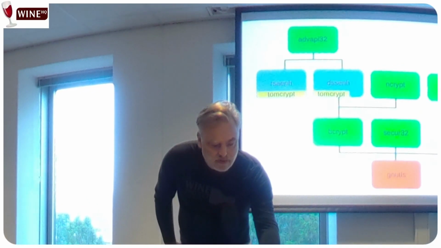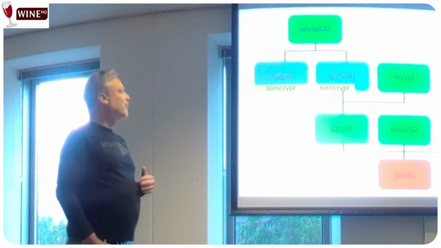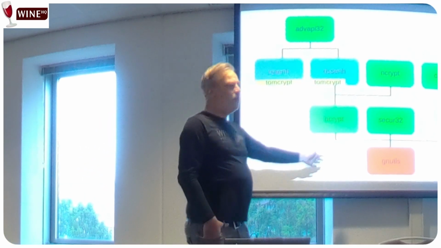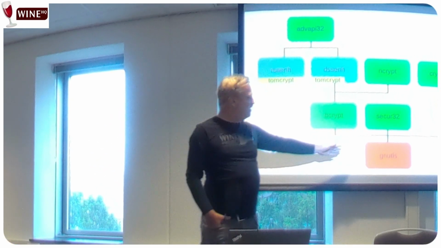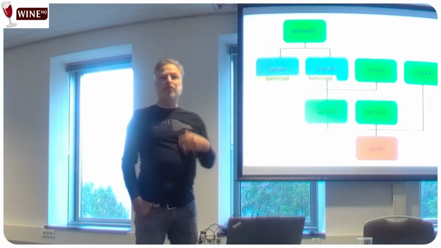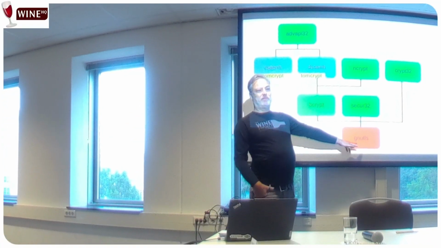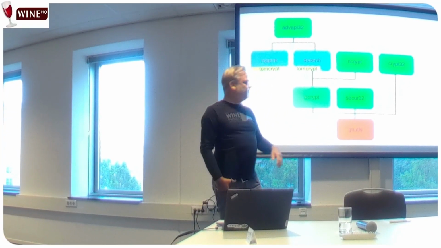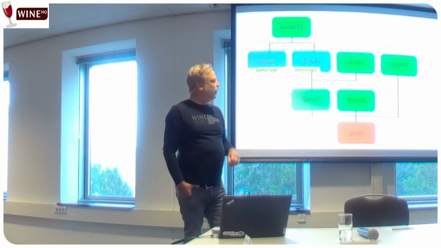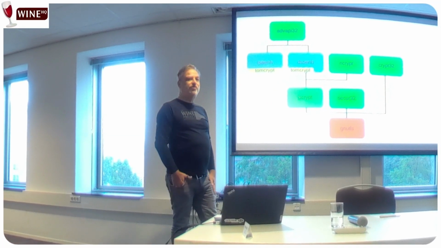So first, a graph. This is supposed to represent the current state. At the low end, the basis for most of our crypto support is an external library called GnuTLS. It's actually aimed at supporting TLS applications, and so it's a good match for Secure32 and Windows, because that is, among other things, a TLS implementation.